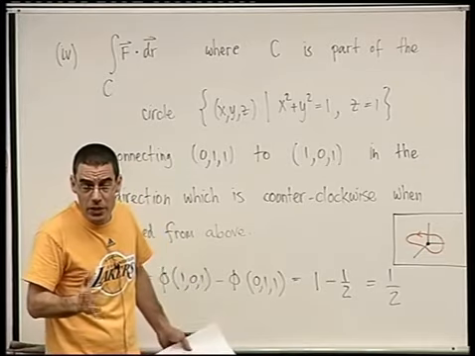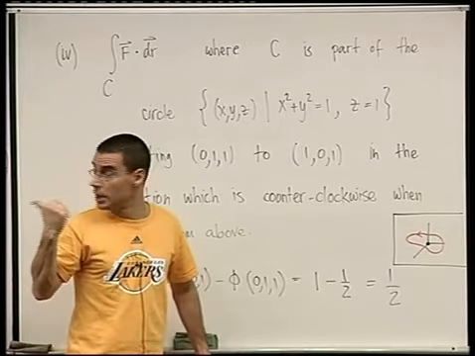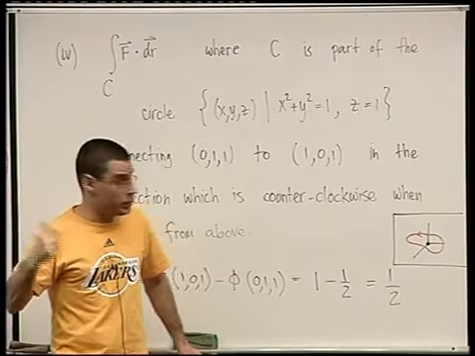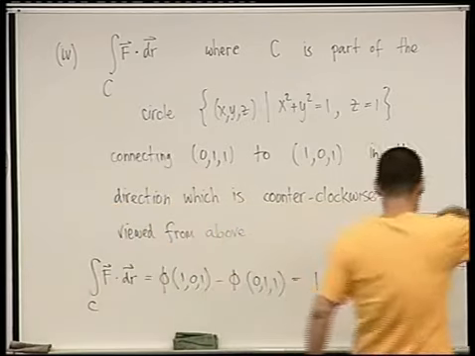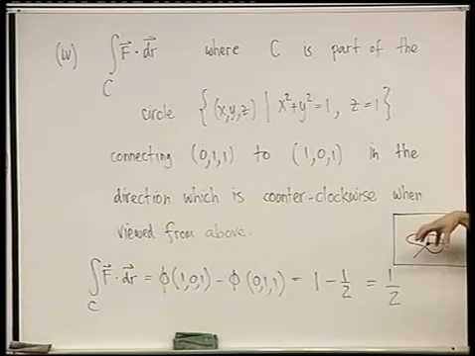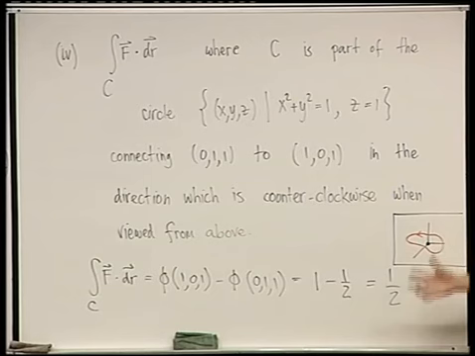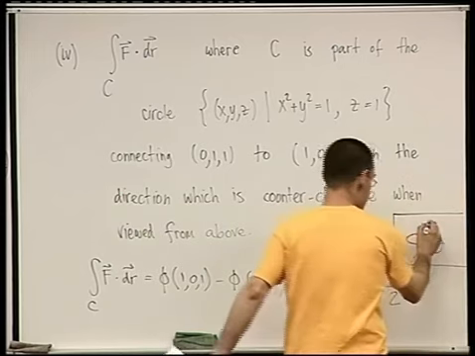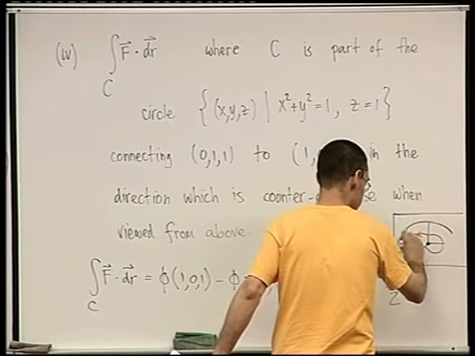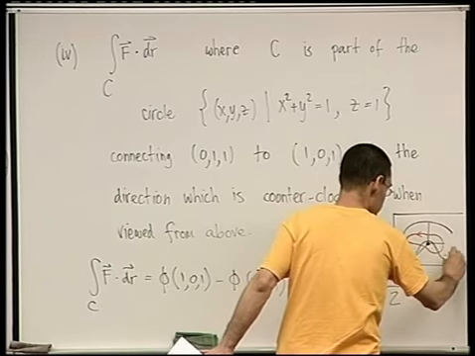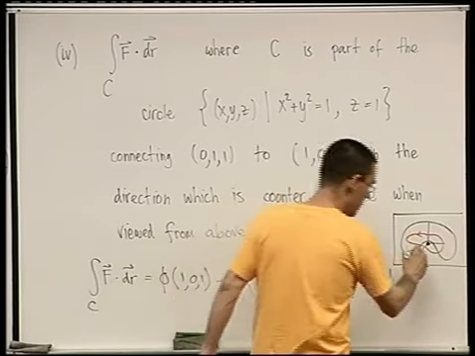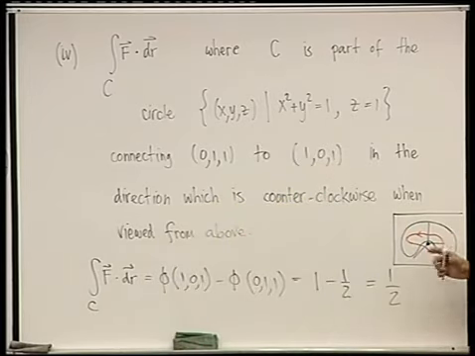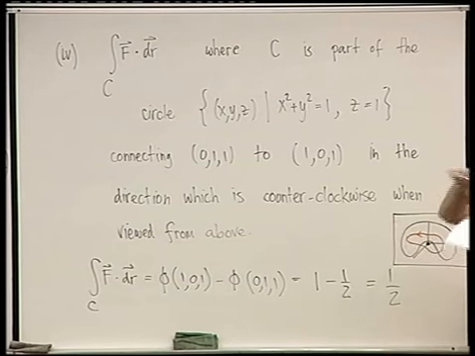All you need to do in order to use this theorem is to be able to use Stokes. You need to be able to put a surface above this curve. So if you take your domain V to be something like this, it's three-dimensional, and it contains the curve.